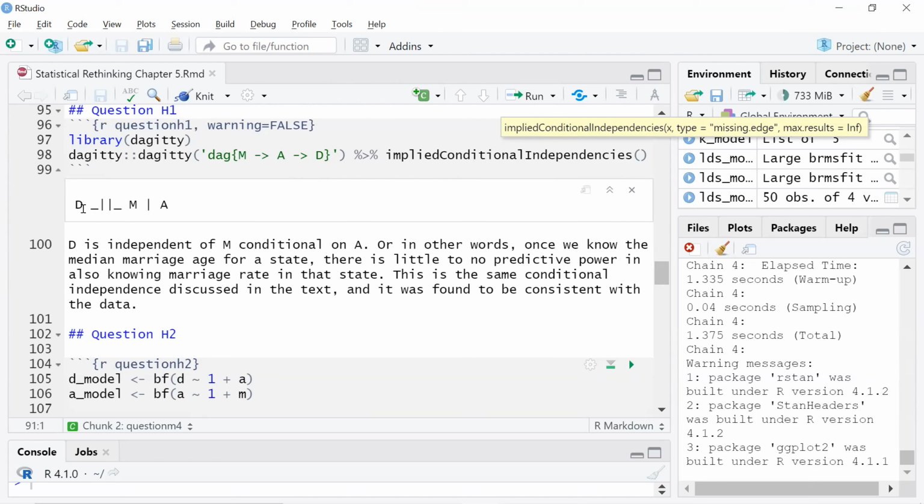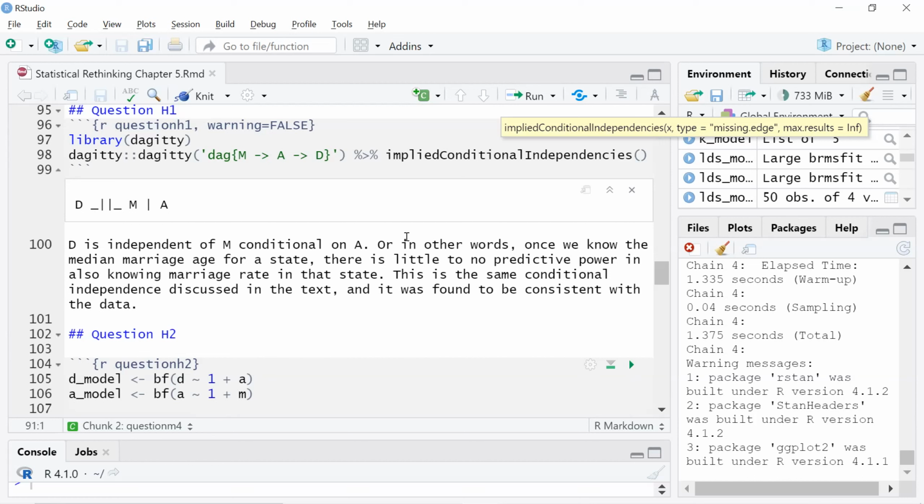Basically, if you've gotten this far in the book, this means divorce rate is independent of marriage rate, conditional on age. In other words, once we know the median marriage age for a state, there is little to no predictive power in also knowing the marriage rate in that state.